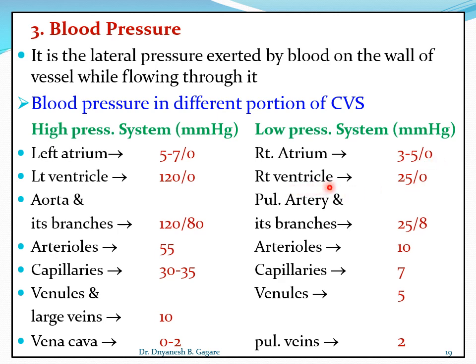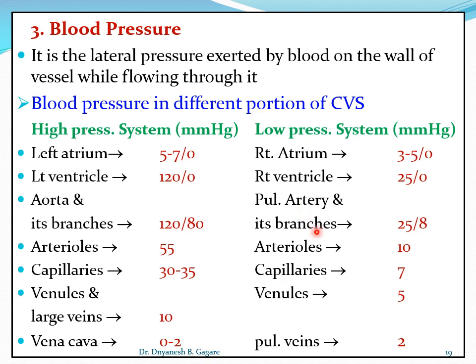In the right ventricle, when the ventricle contracts, the maximum pressure is 25 and the minimum is 0. If you compare with the left ventricle, it can increase up to 120, while in the right ventricle the pressure is about 25 millimeters of mercury.